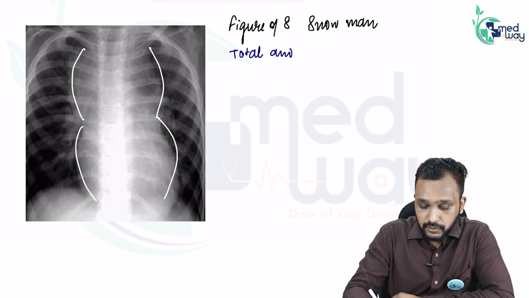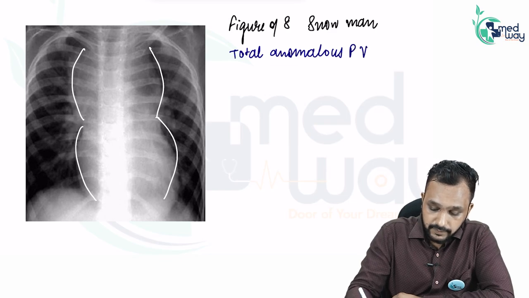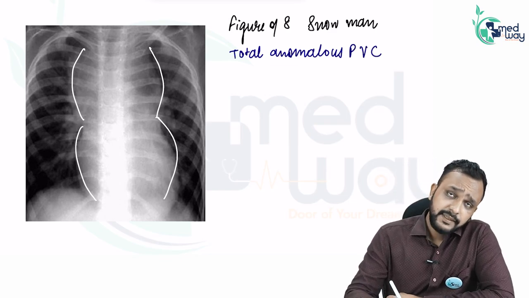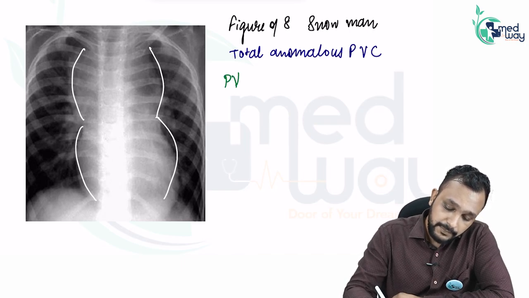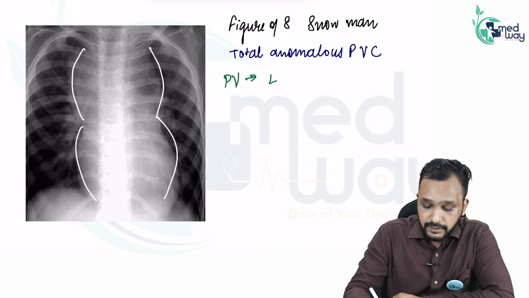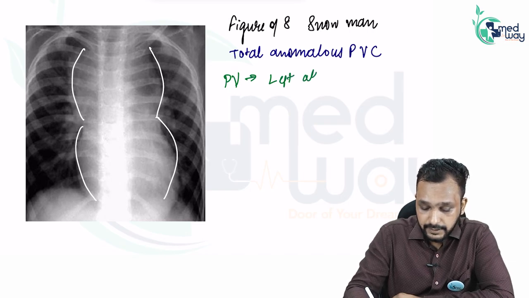So what do you understand by total anomalous pulmonary venous connection? So guys, in a normal patient, what happens? All the pulmonary veins, these are draining into the left atrium, right?